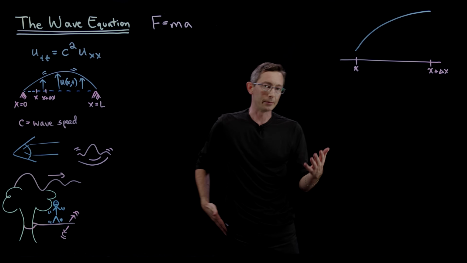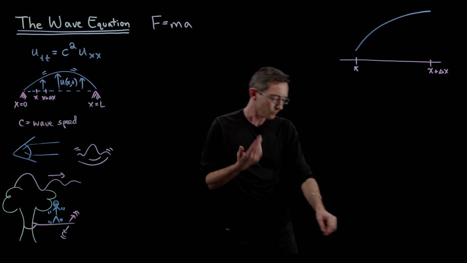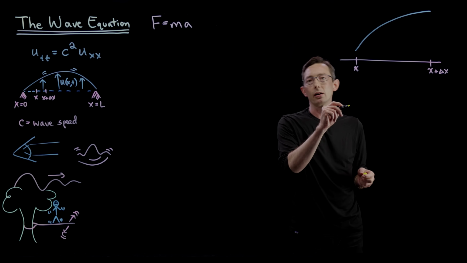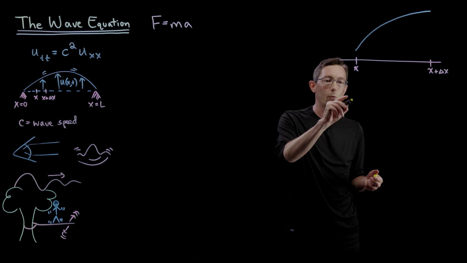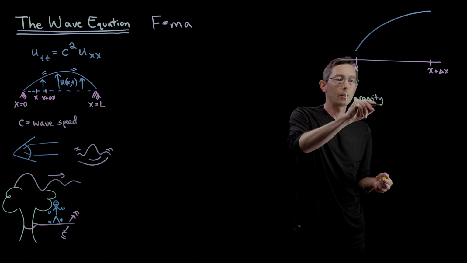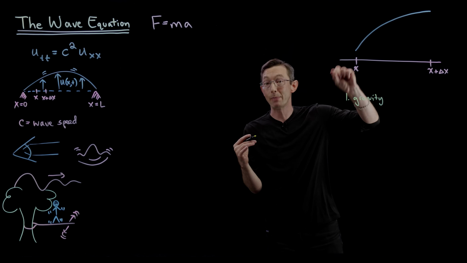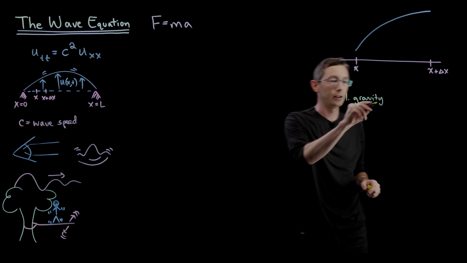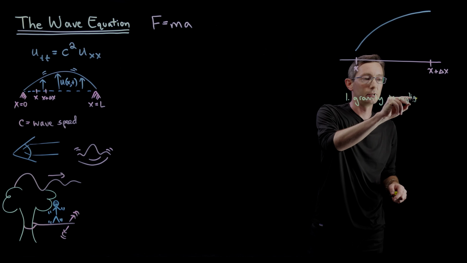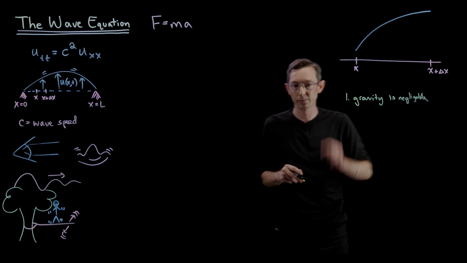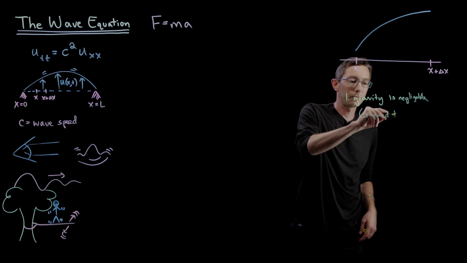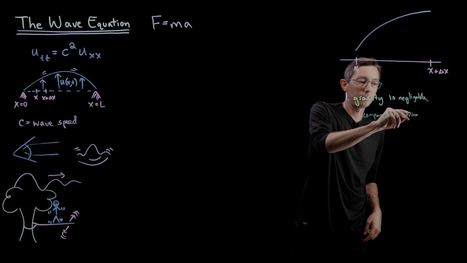So what are the basic assumptions here? At least a couple of the basic assumptions are that we're going to assume that gravity is negligible compared to the tension in the string. Gravity is negligible compared to string tension.